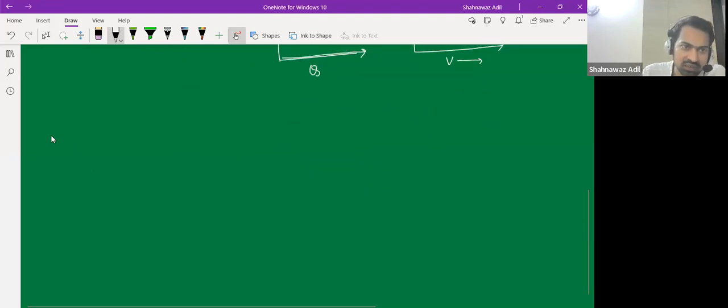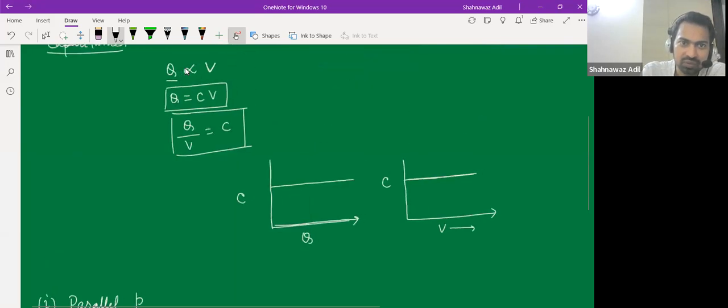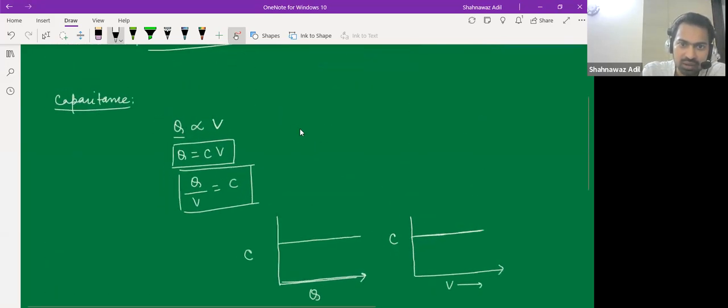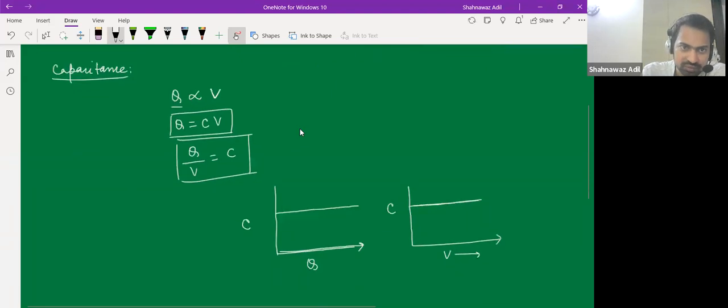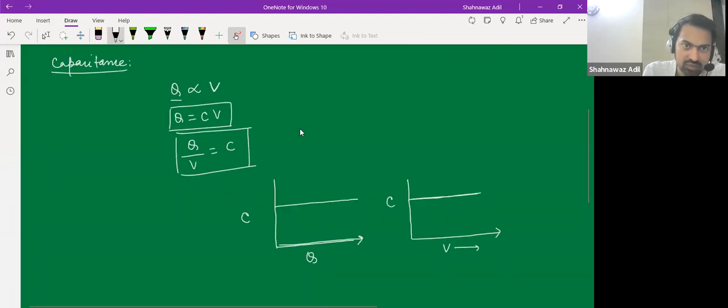So the first device that we will talk about is the parallel plate capacitor.